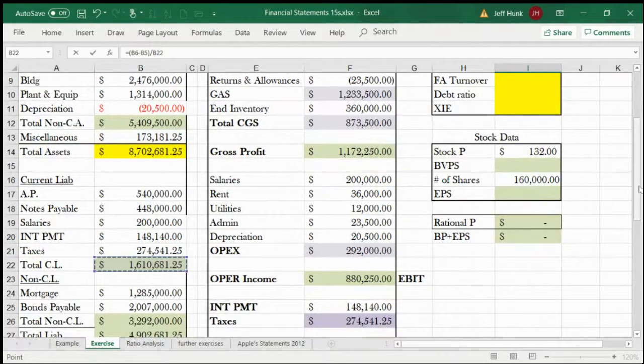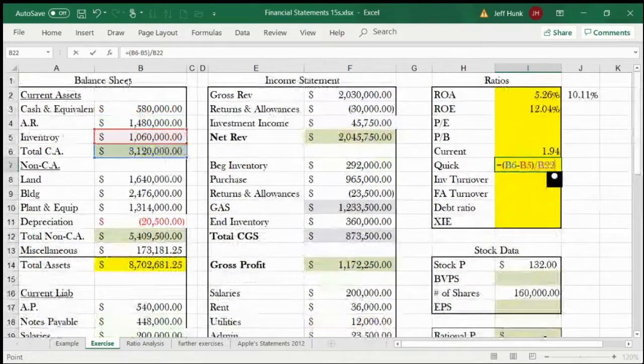There you go. And hit enter. Okay, 1.28. So did they meet the threshold? They met the threshold. The threshold for quick ratio is 1, so they barely made it.